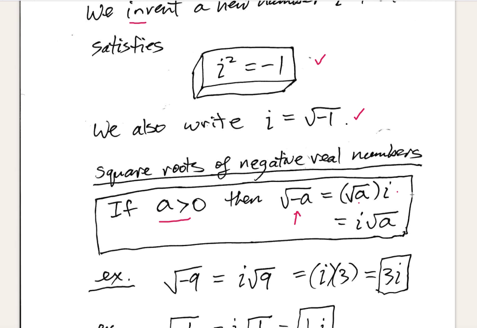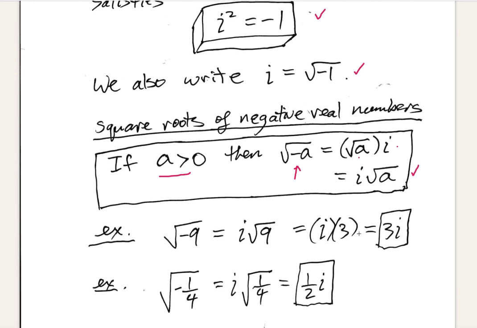Some people, to save space, or save ink, would write the i in front: i times the square root of a. So this is how we define the square roots of negative real numbers. This is a unique value, so you only get a single answer. No plus or minus or anything like that, just like when you're taking regular square roots.